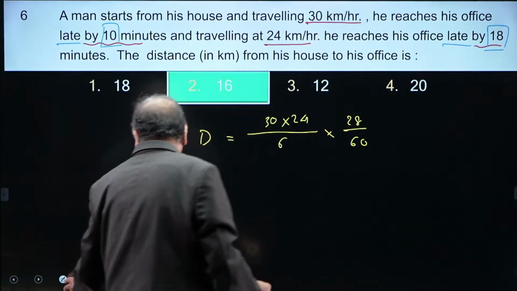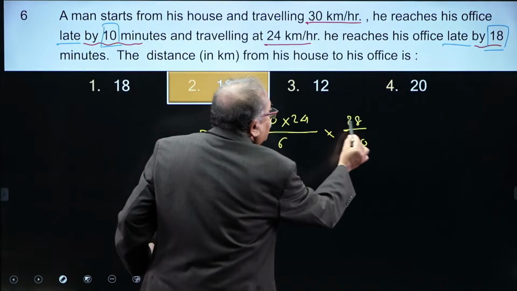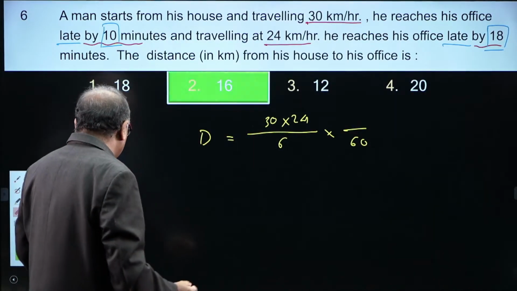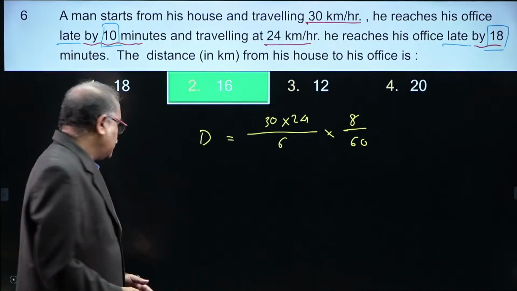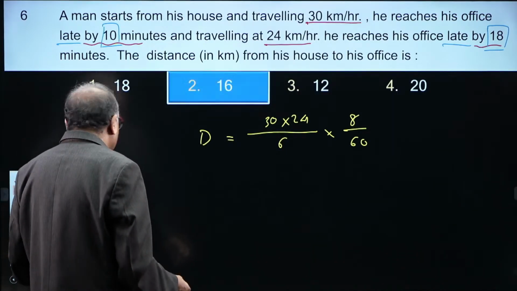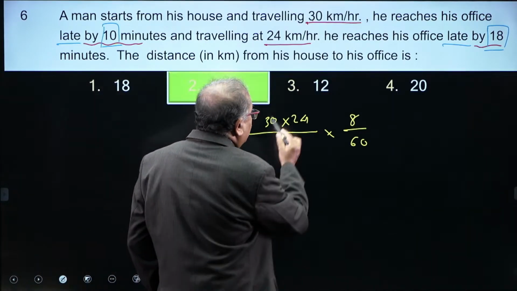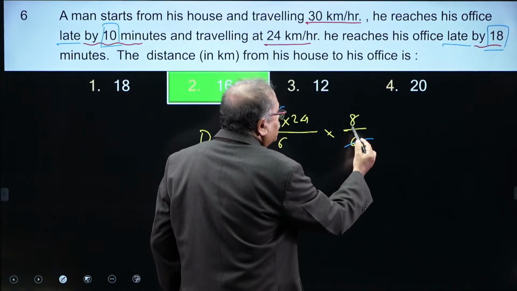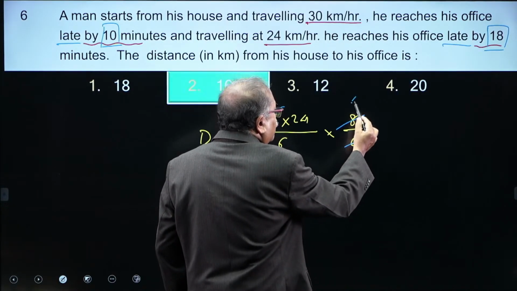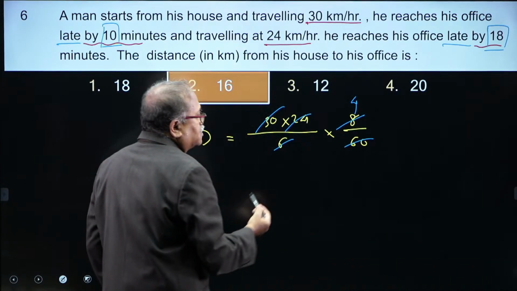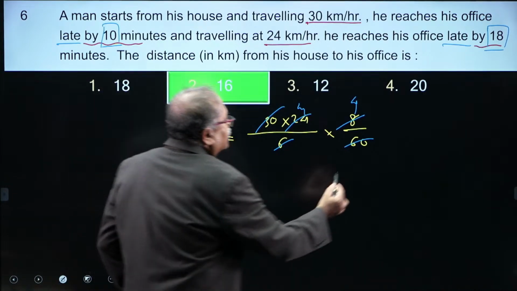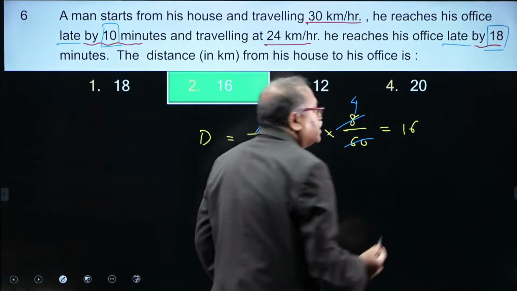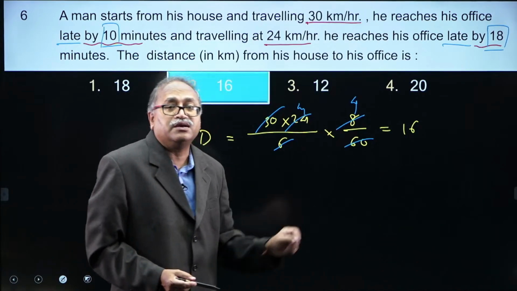So, that means the difference of time is not 28, the difference of time is 8, the rest is basic cancellation. So, allow me to just do it, because some of my friends may be new over here. So, with 30 this is 2 times, with 42 this is 4 times, and this gets cancelled, 6 4s are 24, and 4 into 4, that comes 16, which Appalnaidu has rightly placed here as 8.